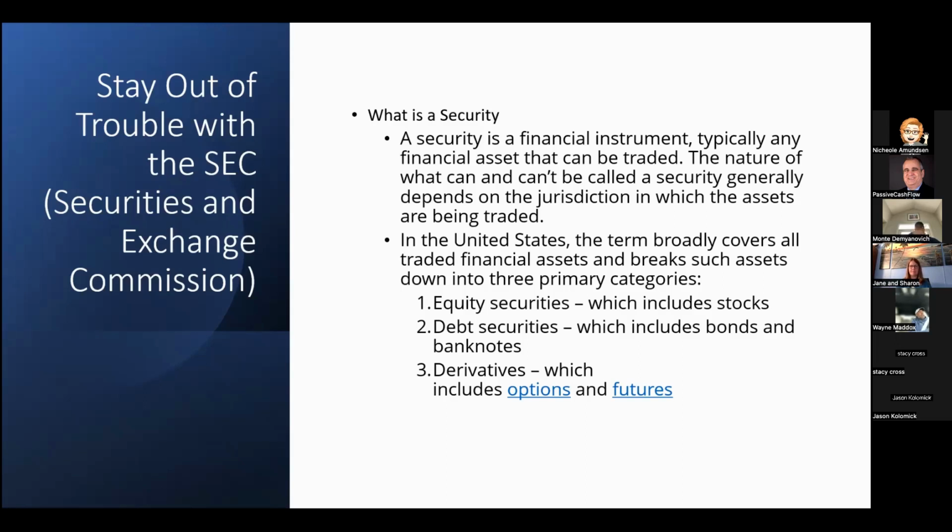So what I want to talk about today is basically a primer on what securities are, what makes up a security, and the types of securities. And then next week, we're going to talk about the exemptions we use. So this next slide after this one, I'm going to tell you what constitutes a security. Let's just go ahead and get going, and then I will get to that next slide.